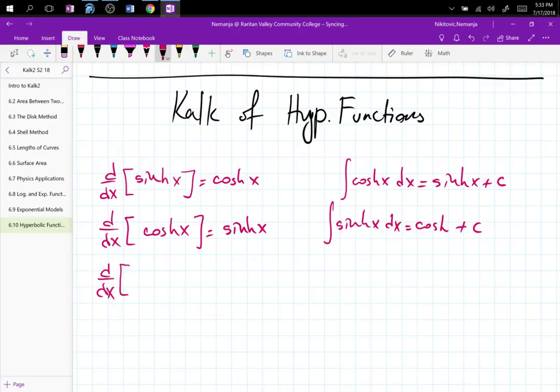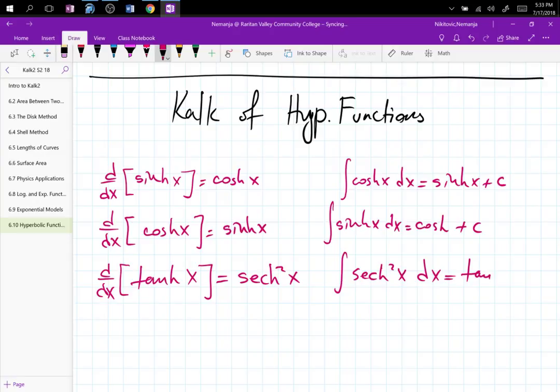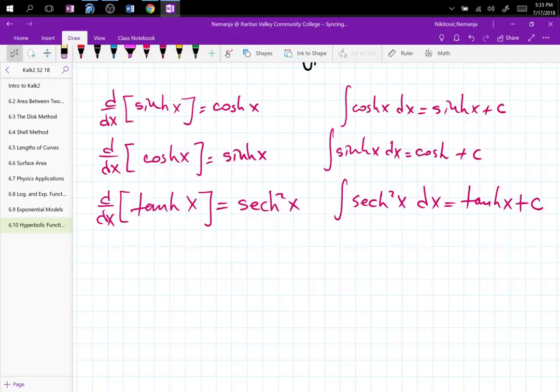So we have the next one for the tangent hyperbolic x, which gives us secant hyperbolic squared x. That means that the integral of secant hyperbolic squared x dx is tangent hyperbolic x plus c. So whatever you write in the left column will be just written reversed in the right column for integration. So now we have three negative ones.